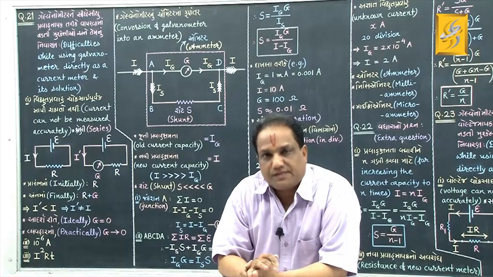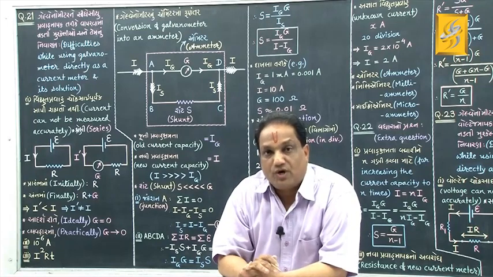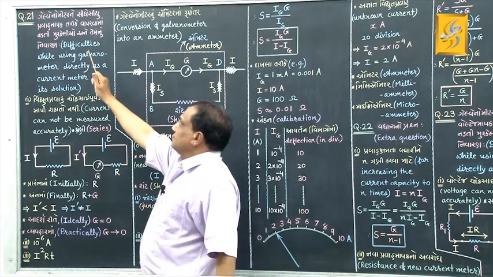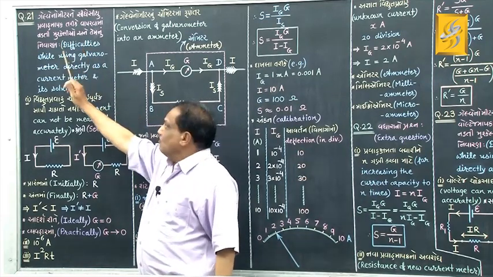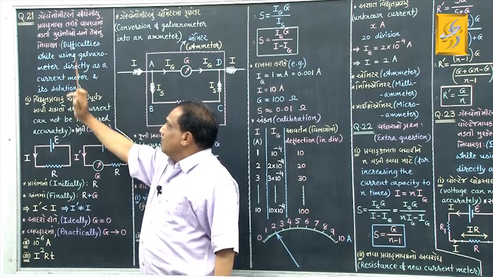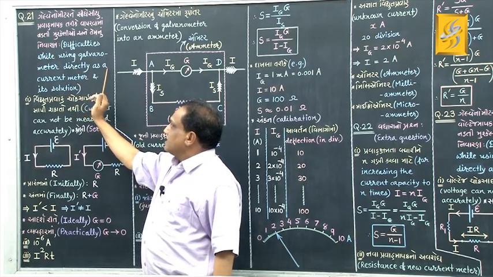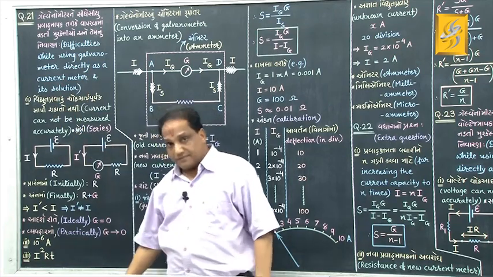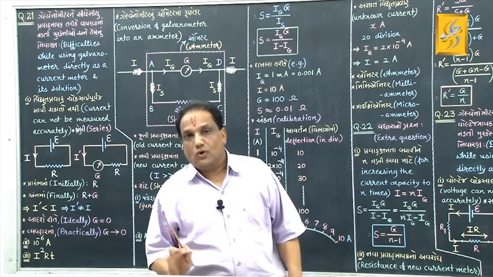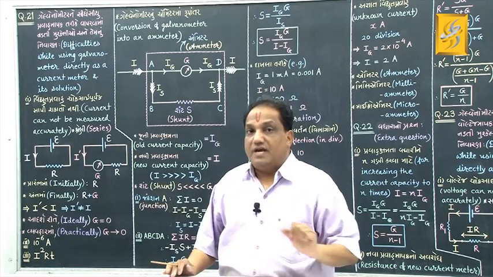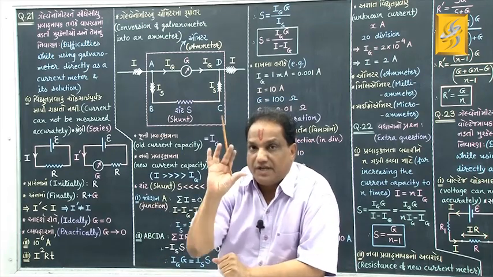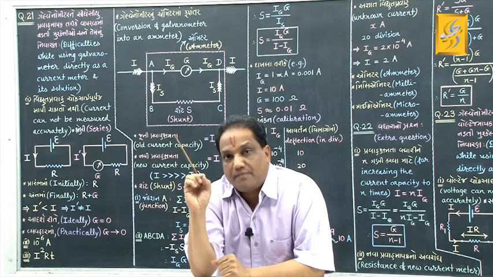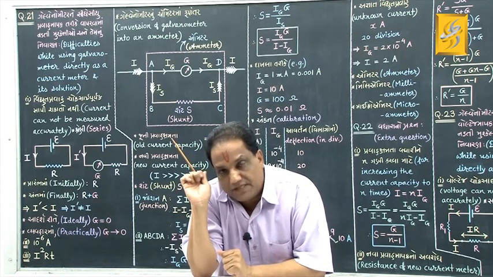Come on, my dears. Now, let us go for question number 21. It is about the difficulties while using a galvanometer directly as a current meter and its solution. Look, last time we had seen the design of the moving pivoted coil type galvanometer, correct?